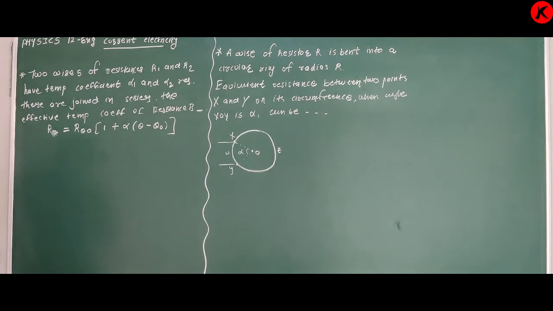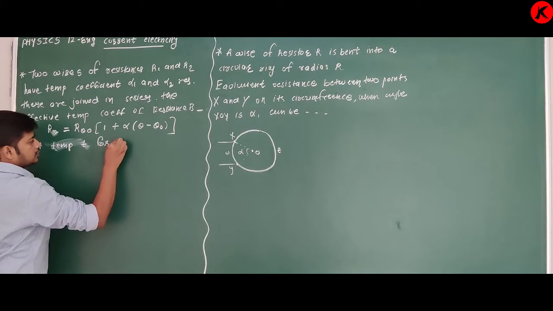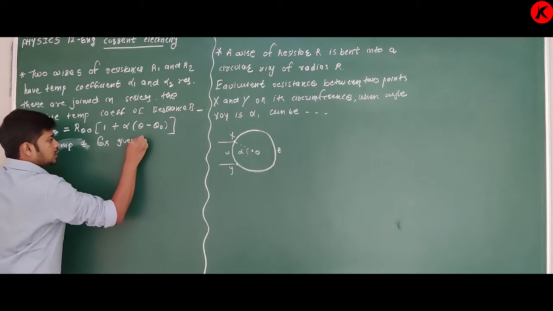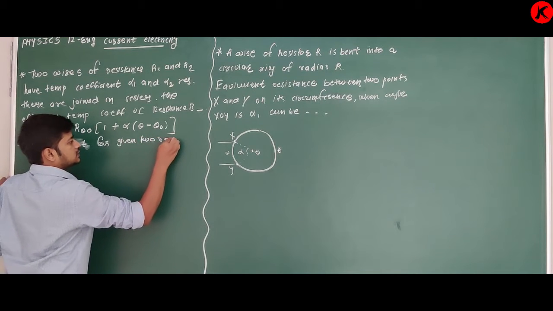Now you are given 2 wires of resistances R1 and R2. So I am assuming, at temperature t, for the given 2 resistors.